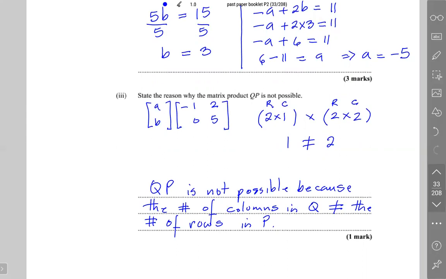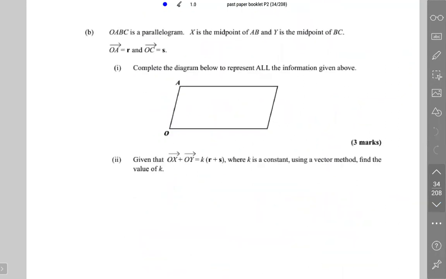All right, let's do the vector part of the question. I was planning to do them separately, but let's just finish it. B is the vector part of the question. It says OABC is a parallelogram, and X is the midpoint of AB.